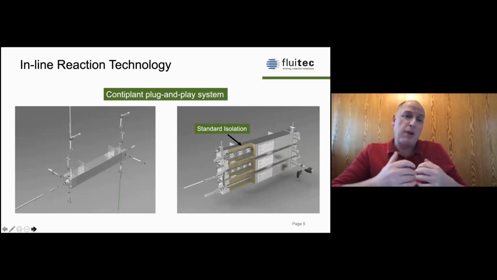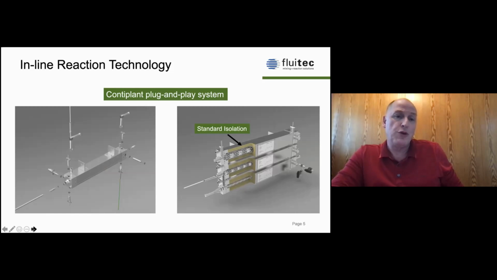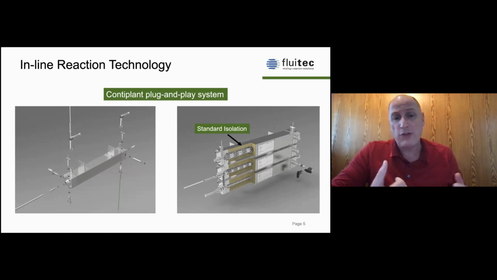Just have a look at the ContiPlant. The ContiPlant is plug and play equipment. You just have a housing, a double jacketed mixer heat exchanger, and on each head you have 4 connections. So you can install pressure measurements, injection valves, temperature sensors, bursting disc, NIR, Raman equipment.